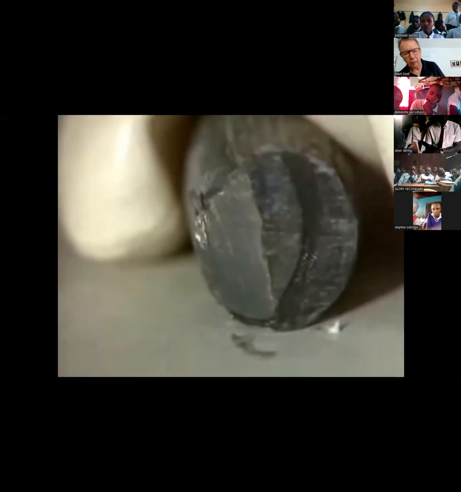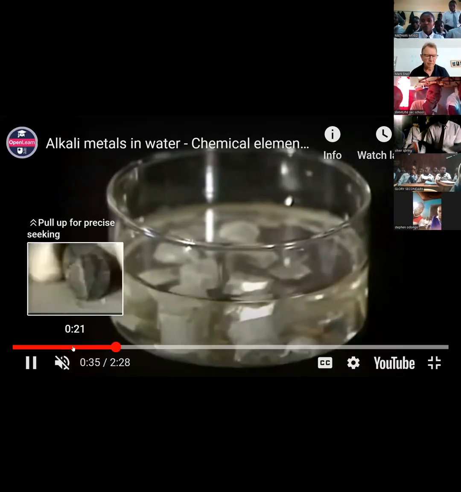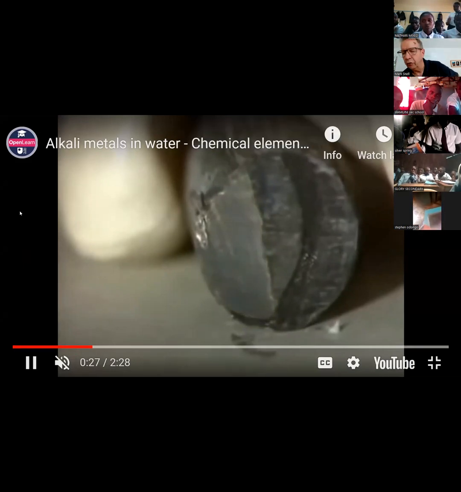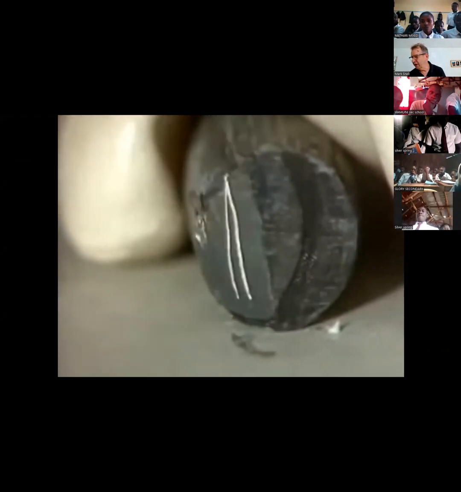So in a minute, they will get the spatula and just show you that underneath the dark, it's still shiny. It tarnishes, it reacts with the air.